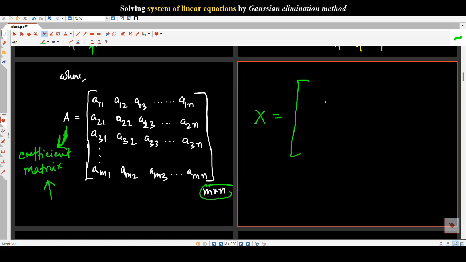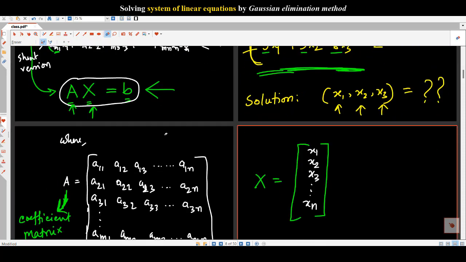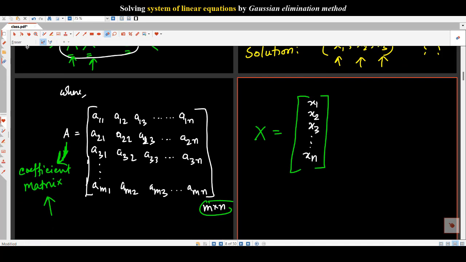X is a column matrix where we have x1 variable, x2 variable, x3 variable up to xn. So we have already mentioned that we have n number of variables here, and that's why we have x1, x2, x3, xn. So here you can easily understand that this X is actually denoting the solution set or solution matrix.